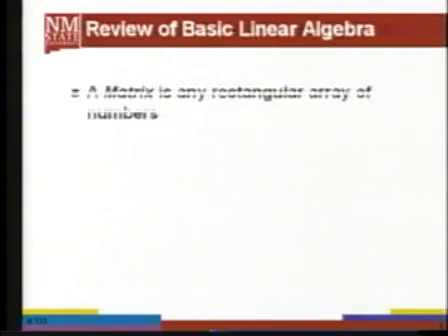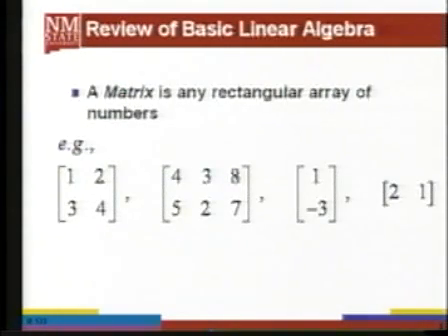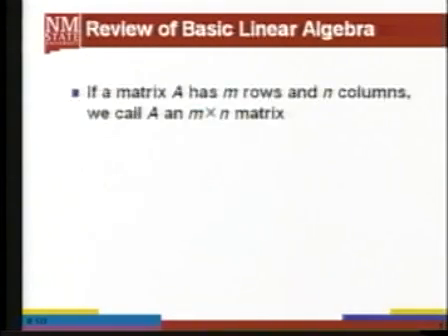So at first, let's talk about a matrix. What is a matrix? I would say a matrix is any rectangular array of numbers. So for example, all of these four expressions are examples of a matrix. And if a matrix A has m rows and n columns, we refer to m by n as the order of the matrix.